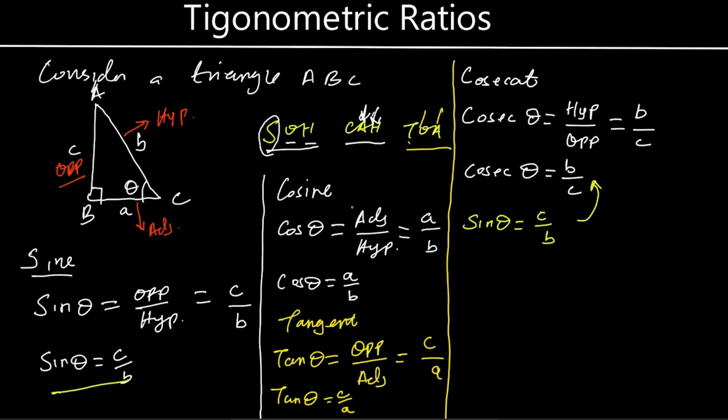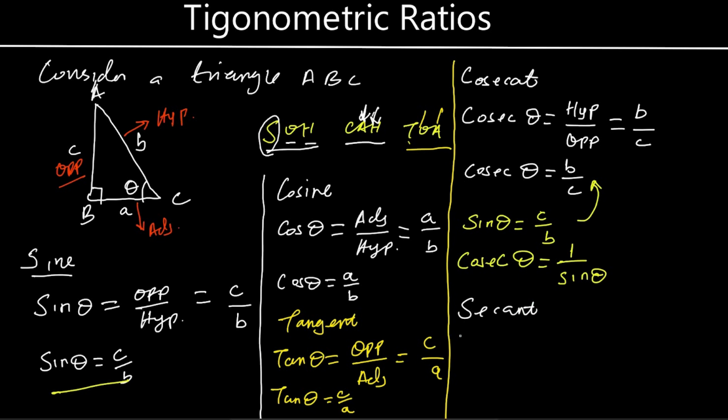And therefore, we can also say that cosec theta can also be represented by 1 divided by sine theta. Cosec theta is equal to 1 divided by sine theta. Now, moving on, let us look at the secant now.